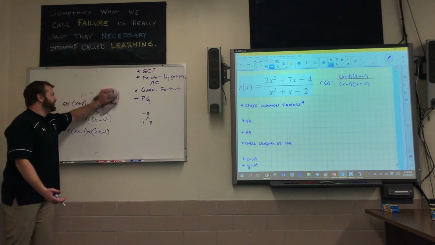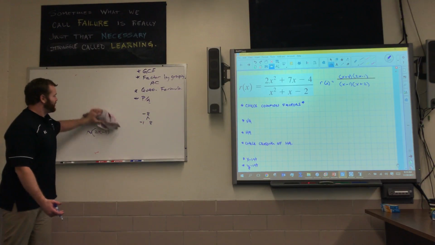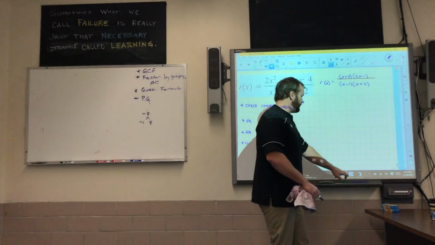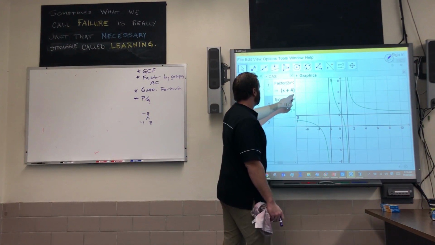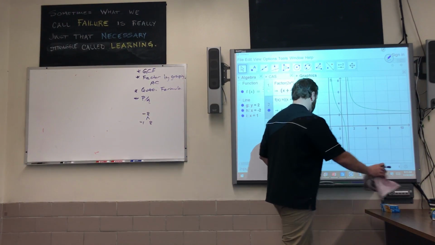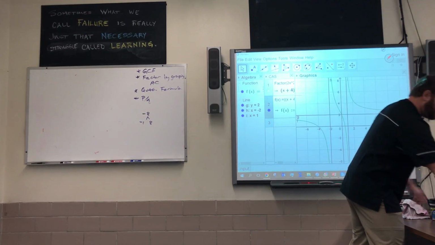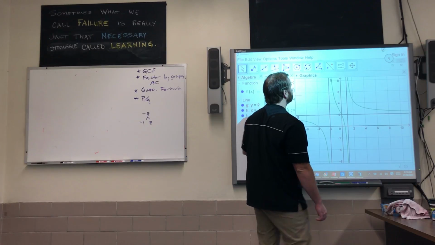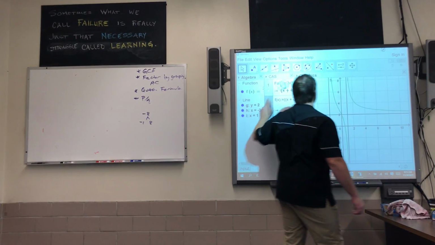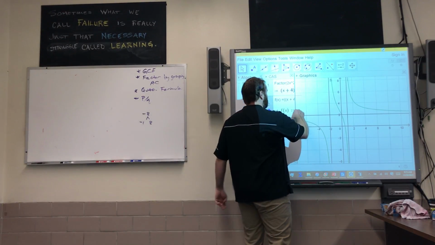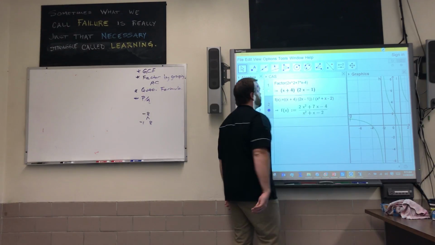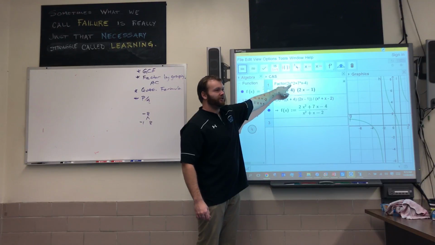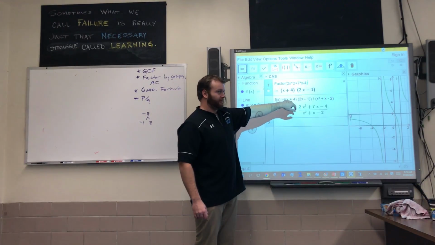Okay. My suggestion to you, I told the last class this as well, do the factoring by hand, but then, if you want to go to GeoGebra, I think I've shown you guys this before. You can just type in the word factor, and then type in the expression that you want to factor, and it will factor for you, okay?